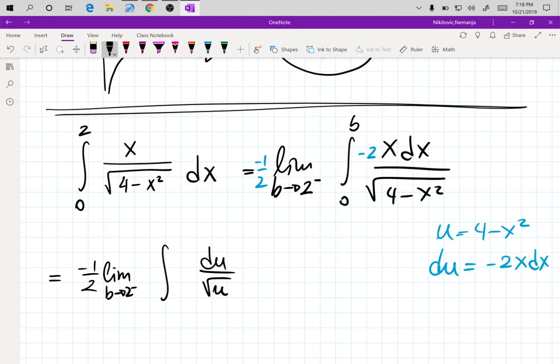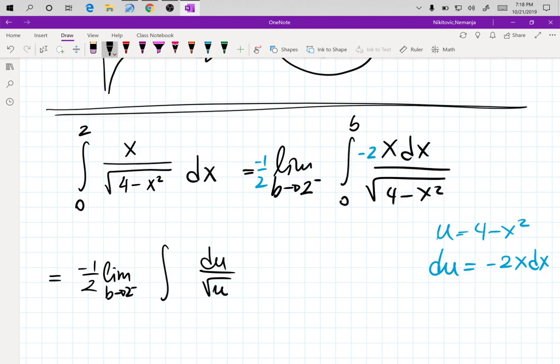We are dealing with this. Negative 1/2, limit as b goes to 2 from the left. And then I have 2 times square root of 4 minus b squared minus 2 times square root of 4. Now, when b is equal to 2, b squared is 4. 4 minus 4 is 0.